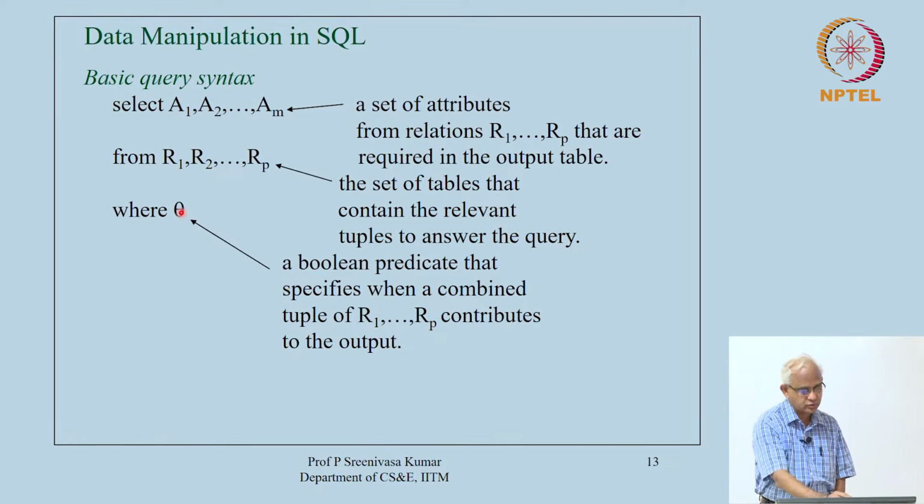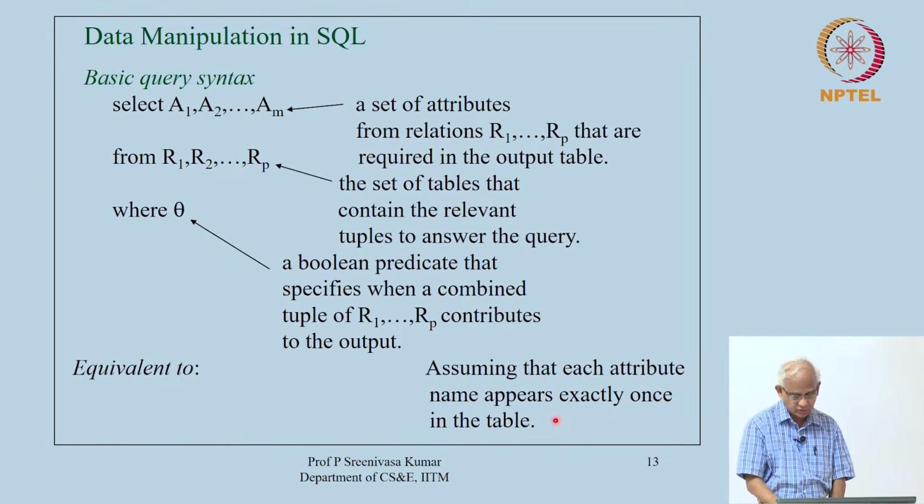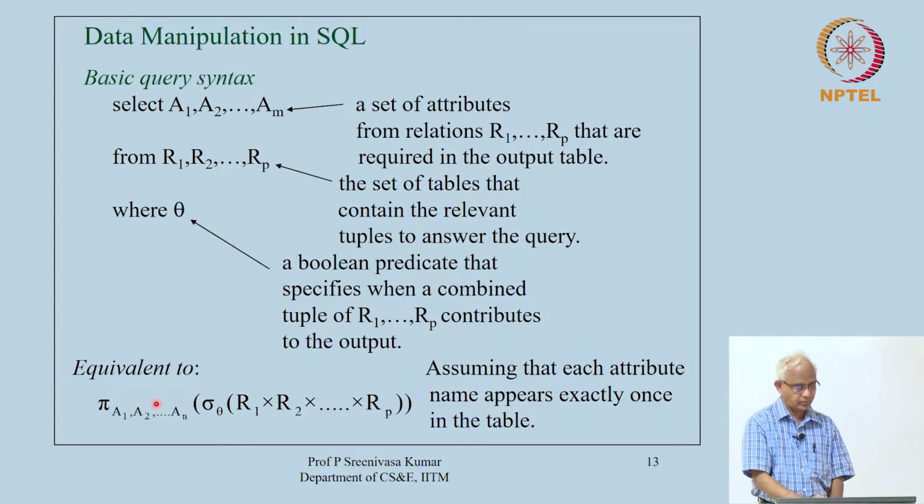We specify the condition it should satisfy here. Under this assumption that each attribute appears exactly once in the table, this entire query is equivalent to the following relational algebra expression.